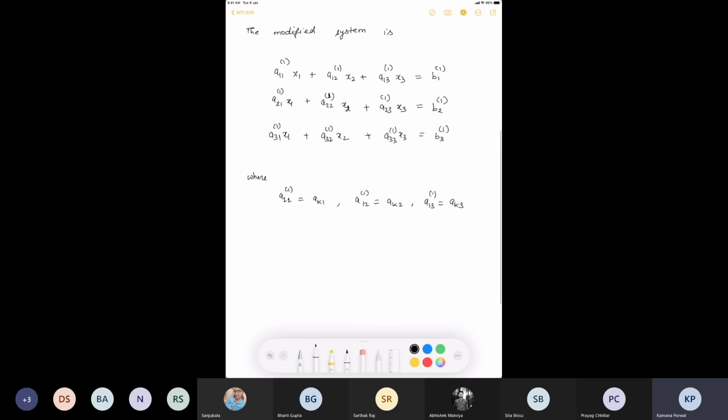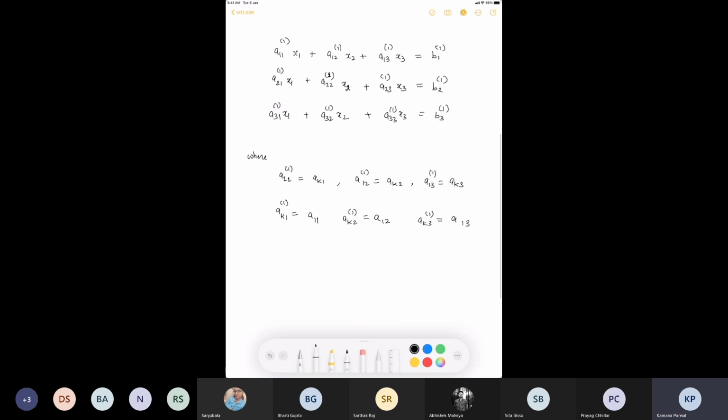Now the new coefficients of the kth row, Ak1^1, Ak2^1, and Ak3^1, will be the coefficients of the first row, so these are A11, A12, and A13.